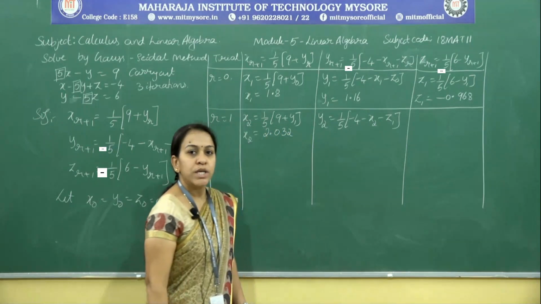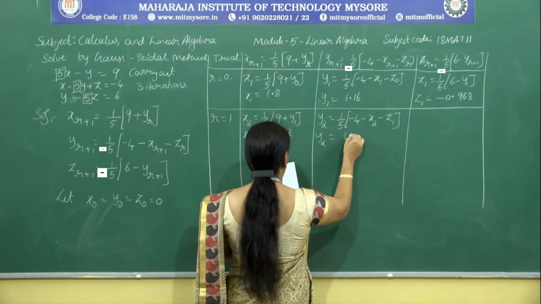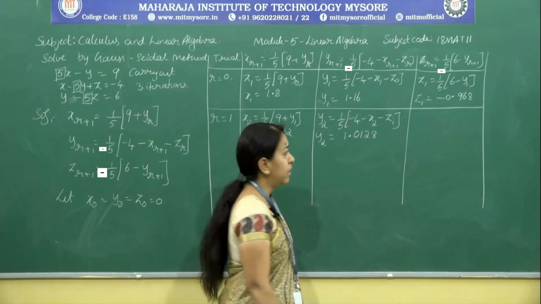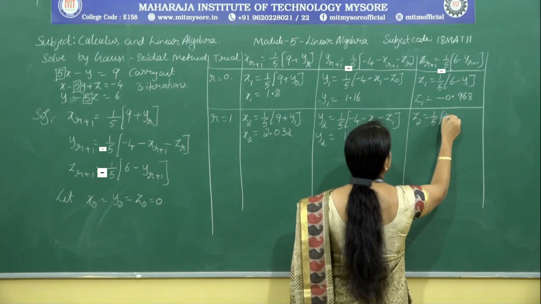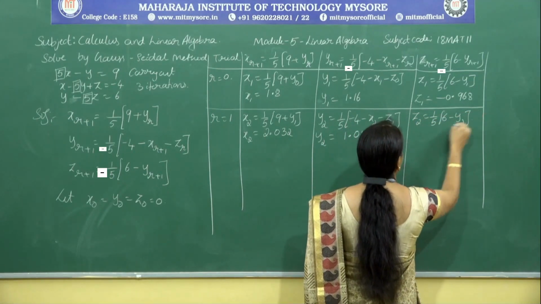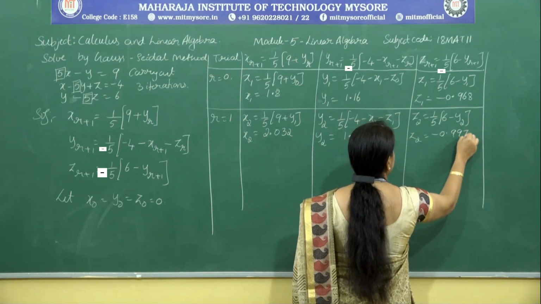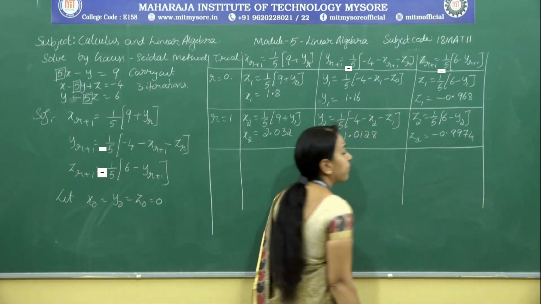If I put the x2 and z1 values, then I will get y2 as 1.0128. Similarly, z2 is 1 by 5 into 6 minus y2, so that z2 is minus 0.9974. So that's our second trial.